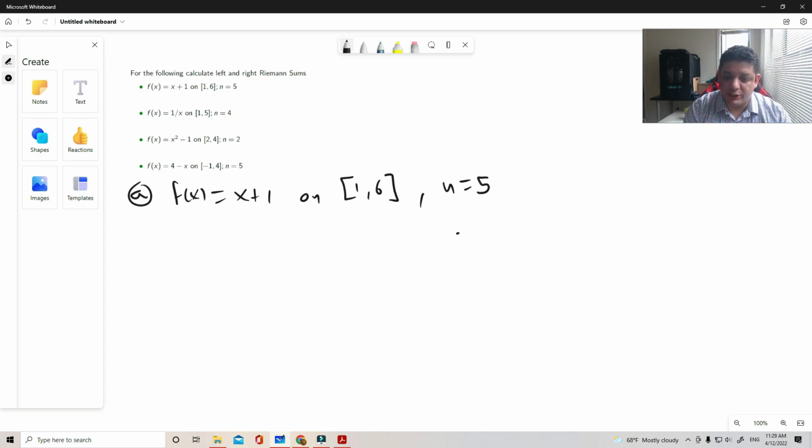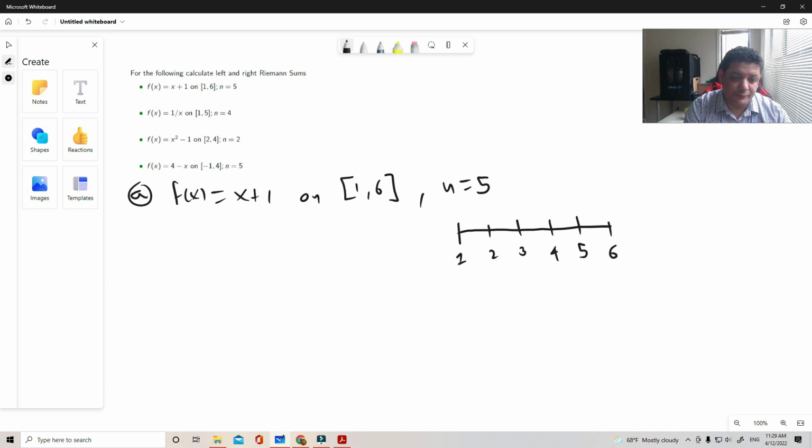If we check that partition going from 1 to 6, notice that essentially we have 2, 3, 4, and 5, and that's going to give me the 5 intervals that I can use. Because I'm going to be doing different Riemann sums, we're going to use different points for this, but this is the partition that we're going to use.